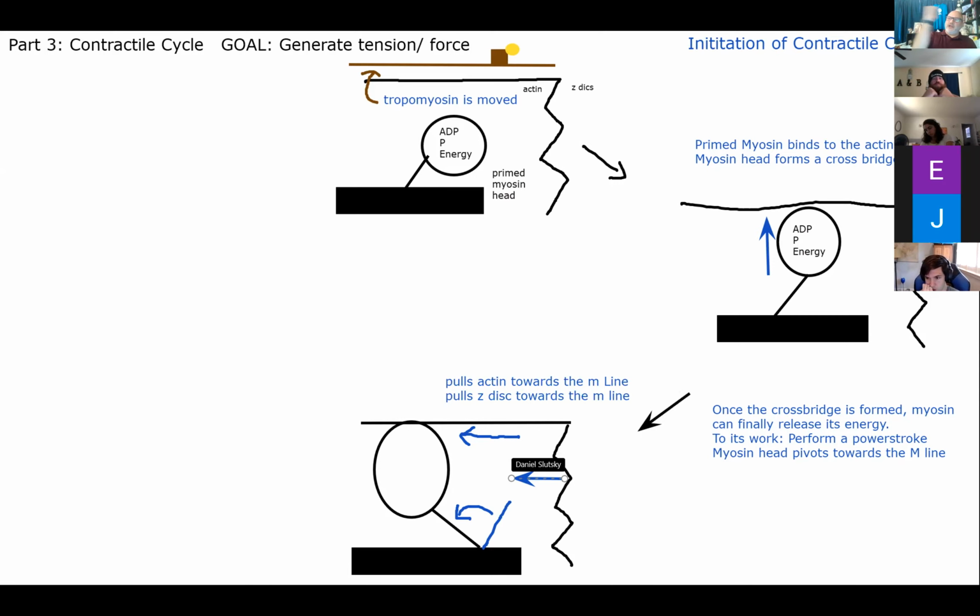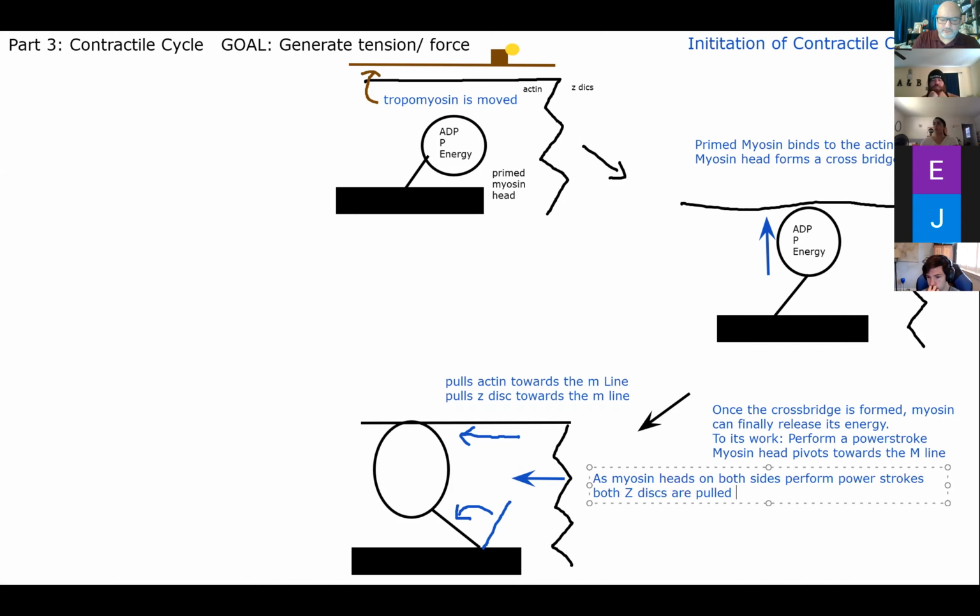On the right, it's grabbing and pulling towards the middle. And on the left, it's grabbing and pulling towards the middle. So if you think about this, as the myosin heads on both sides perform power strokes, both Z discs are pulled towards the middle.